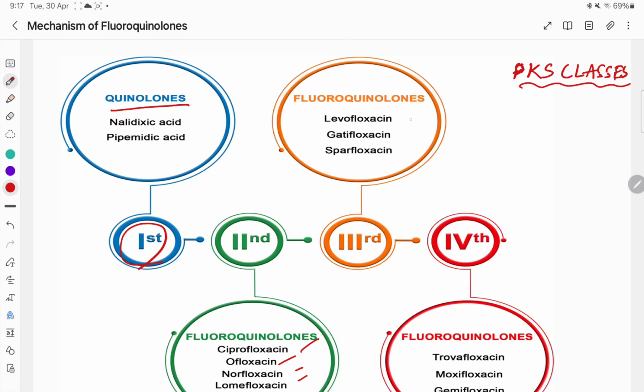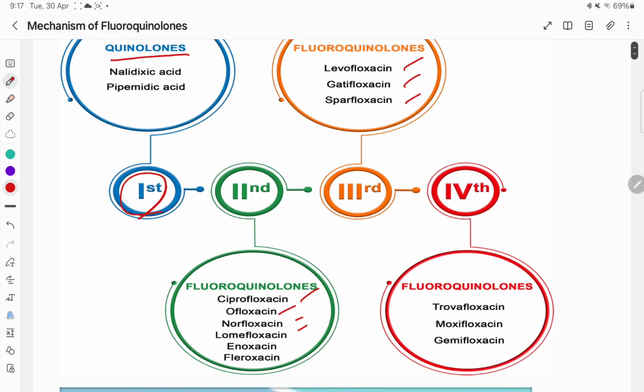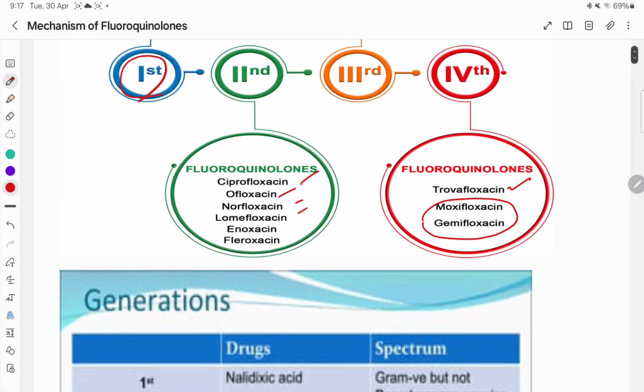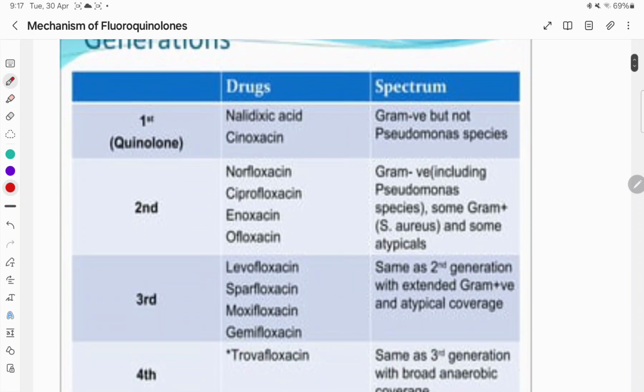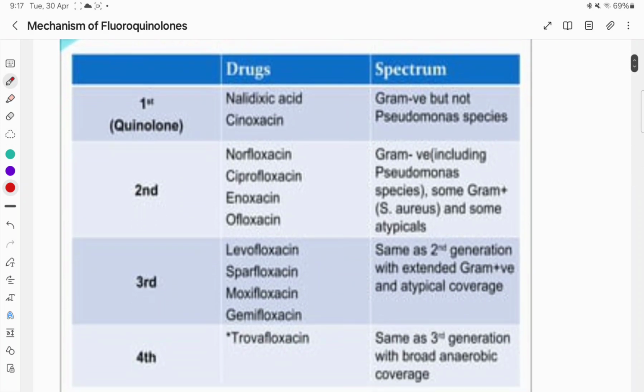Third generation: levofloxacin, gatifloxacin, sparfloxacin. Moxifloxacin and gemifloxacin are also third generation. Trovafloxacin is basically a fourth generation one. And cinoxacin is another first generation one. Generation wise, the spectrum increases.